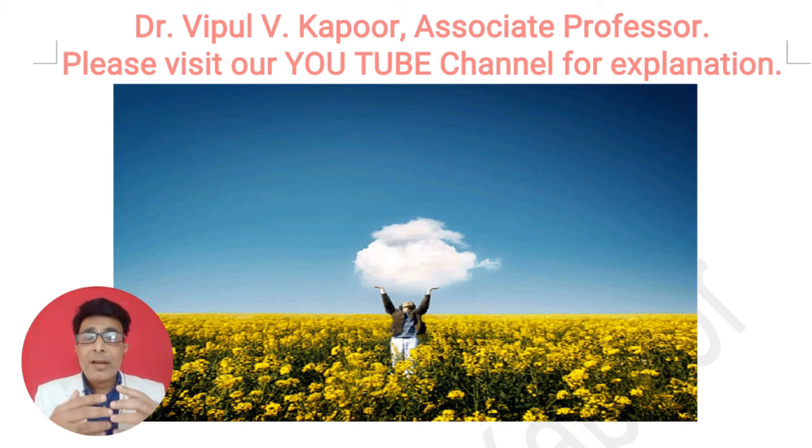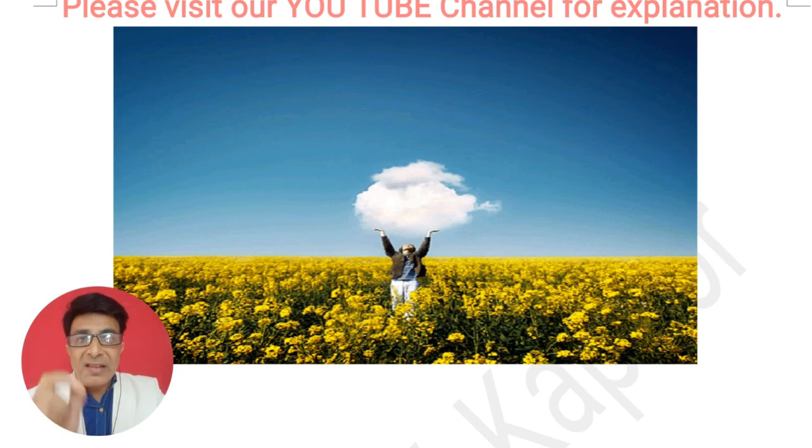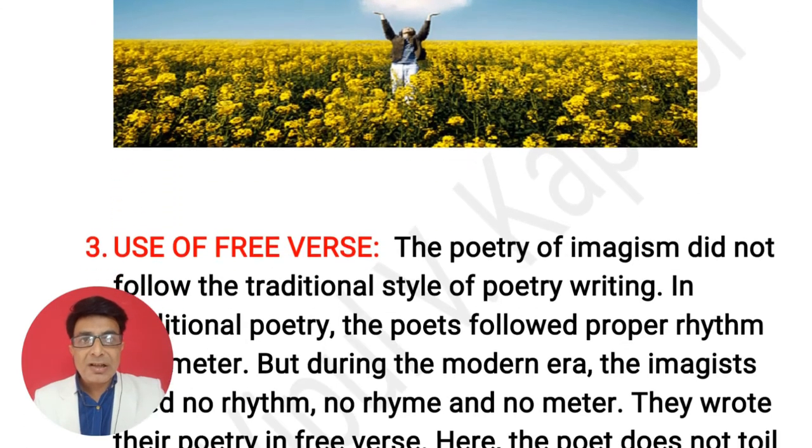All of a sudden, the poet looks at thousands of daffodils before his eyes. So this picture he is trying to create with a spatial use of words, and this is an example of the use of imagism in English poetry.